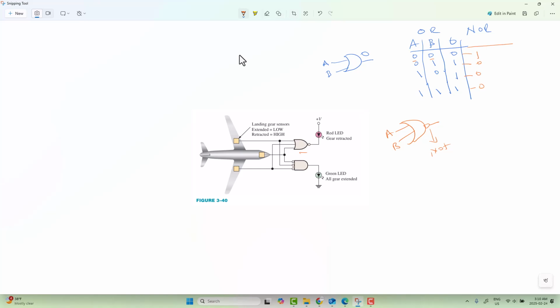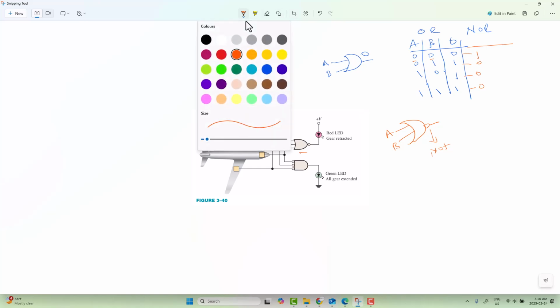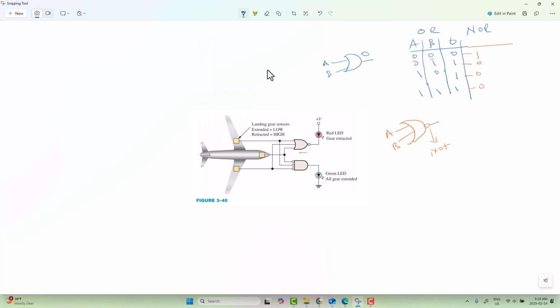This gate has an equivalent, which is called negative AND. You can see it here. It's just an AND with two inputs, but the inputs are negated.